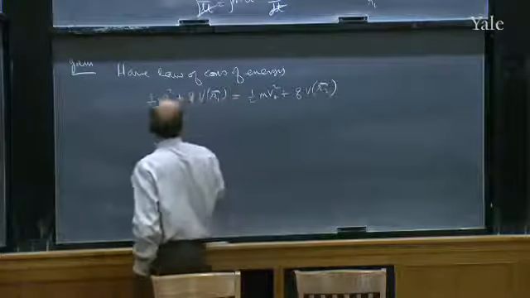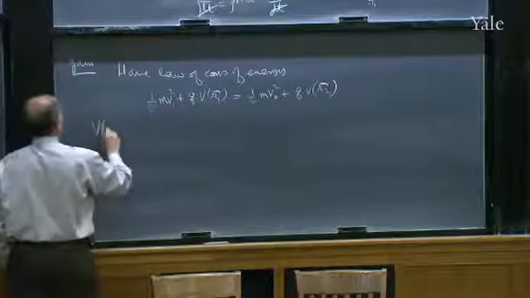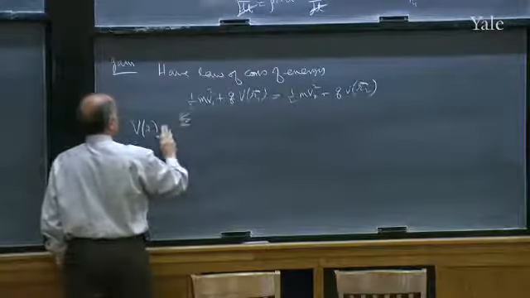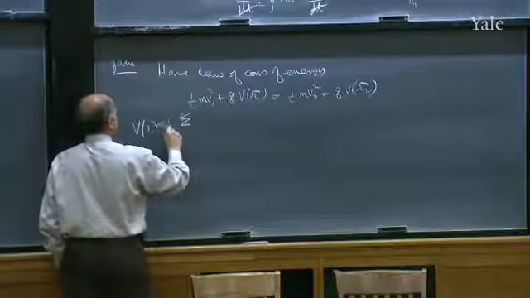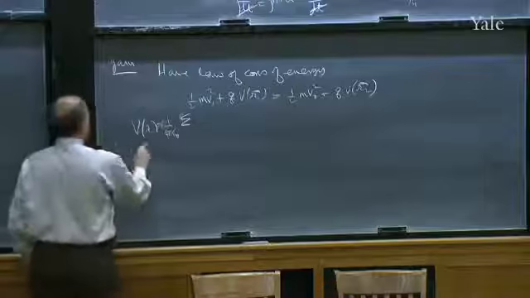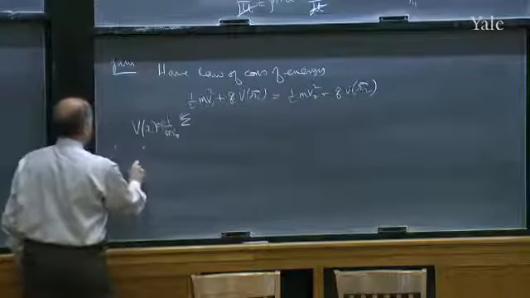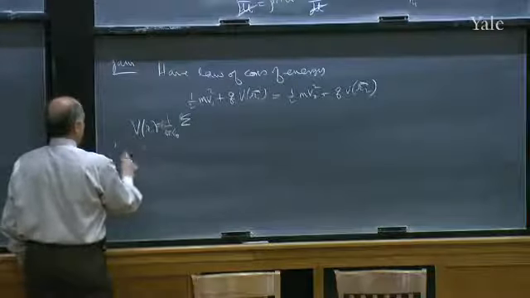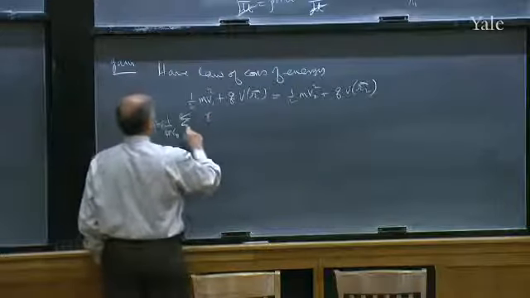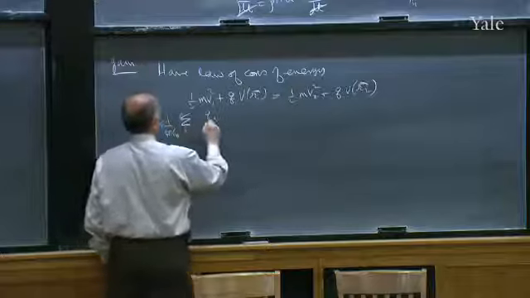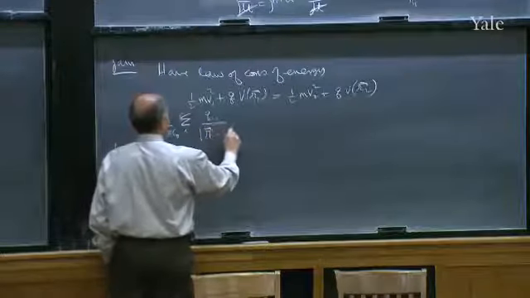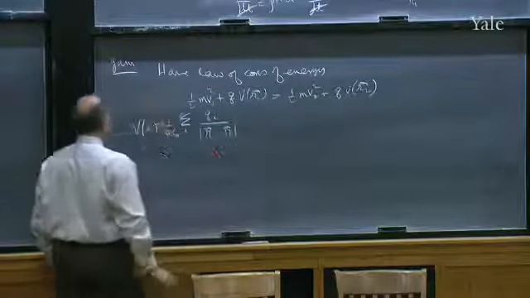And what is V at any point R? It is the sum of 1 over 4 pi epsilon 0. Let's imagine there are many, many charges, Q1, Q2, Q3, each one at R1, R2, R3, etc. This is equal to Qi, which is charge number i, divided by the length of the vector from Ri to the R where I'm finding the potential.